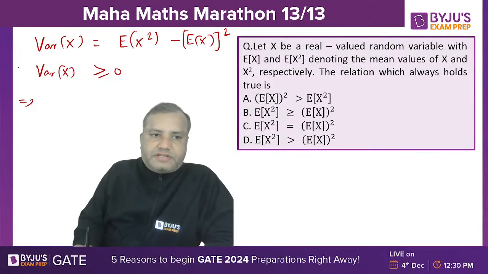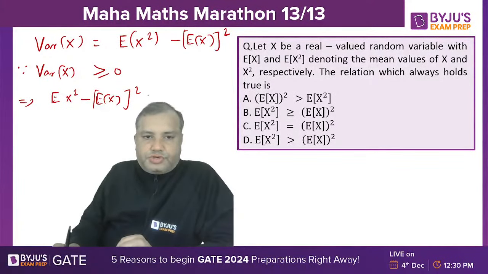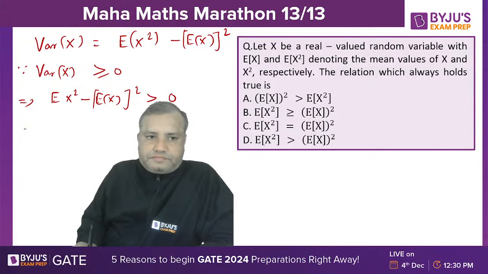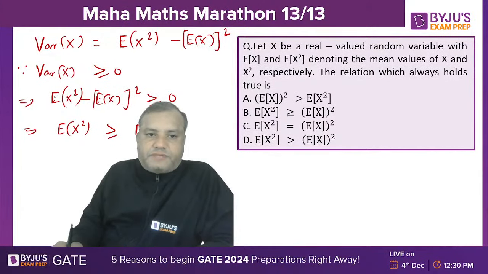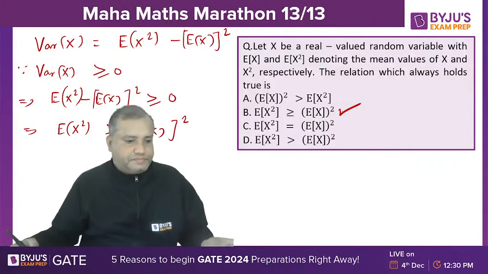Therefore, expectation x square minus expectation x whole square should be greater than or equal to 0. So expectation x square is greater than or equal to expectation x whole square. Option B is the correct answer.